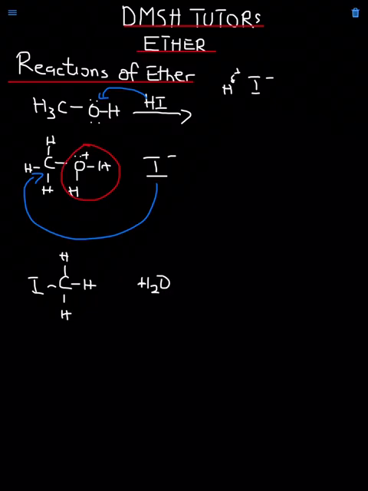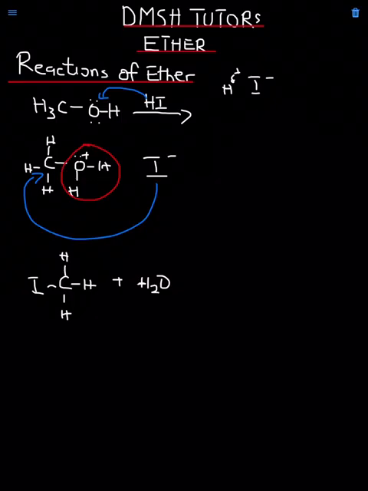So this red one will form H2O. So whenever we use excess acid, we are going to have only haloalkane formed, because the methanol, the alcohol that formed, will later be converted to haloalkanes, depending on the acid that we use. So it is later converted to haloalkanes by the strong acid if it's in excess.